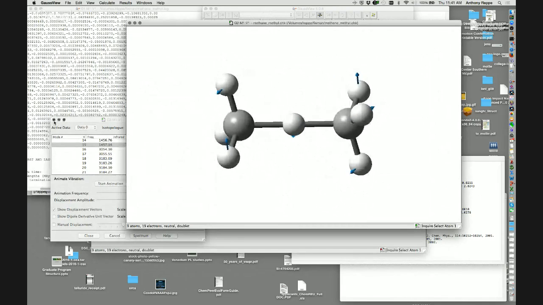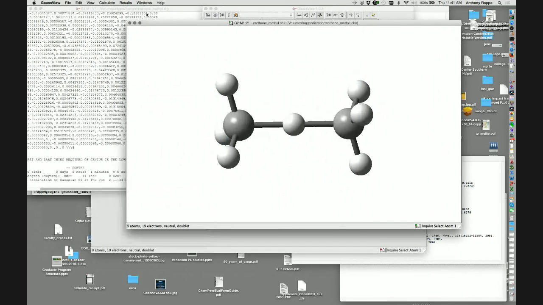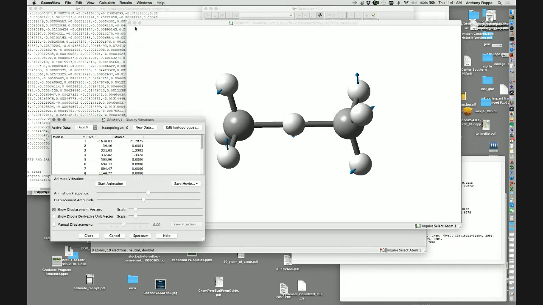Back under results, we have this surface option, and now we have vibrations as an option. If vibrations is faded and not accessible, then the calculation didn't work. So you're opening the checkpoint file.